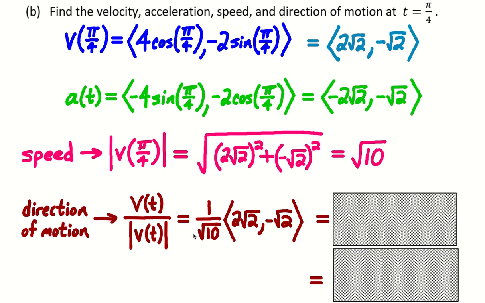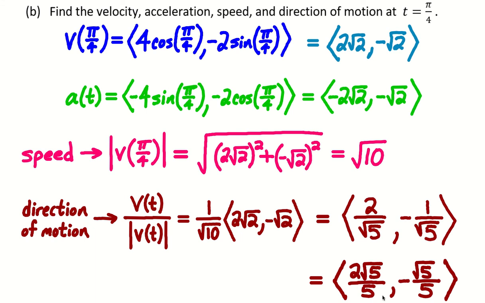Please make sure you can wrap your brain around how this is what we're ultimately doing to find the direction of motion, quote unquote. So now all we've got to do is distribute, for lack of a better word, or multiply this scalar, 1 over the speed, to both of these components, and you get that. So direction of motion is also a vector. Okay, easy.